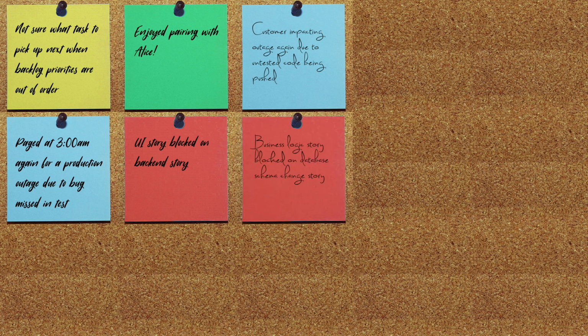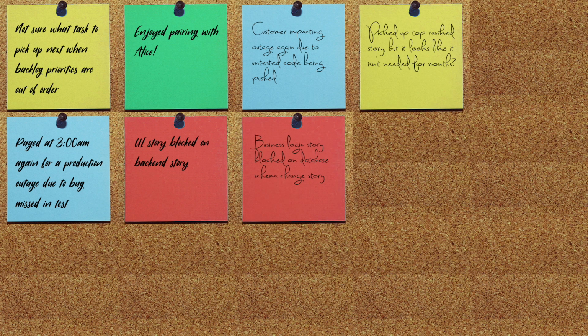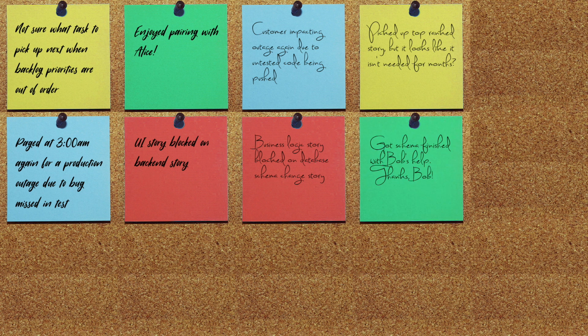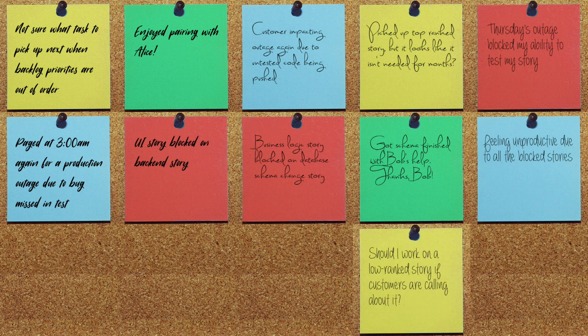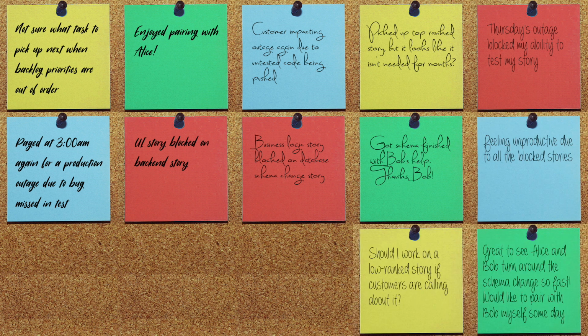A lack of green stickies might indicate a problematic iteration, since nobody is recalling events that made them feel successful. A lack of other sticky types might indicate a team that is reluctant to share problems and maybe a lack of safety in the environment. Next, see if there are any common themes and group the stickies that way.